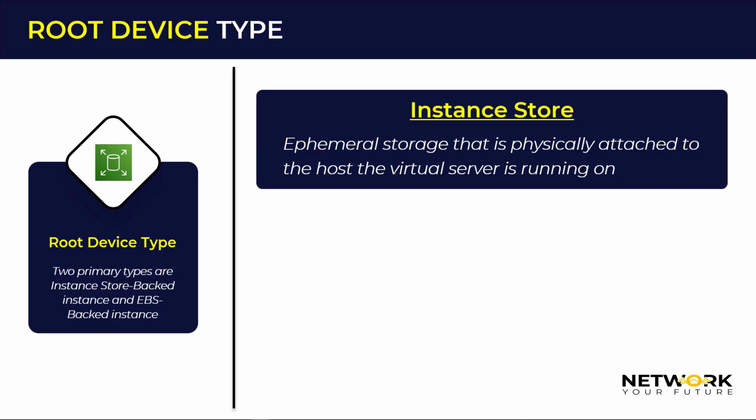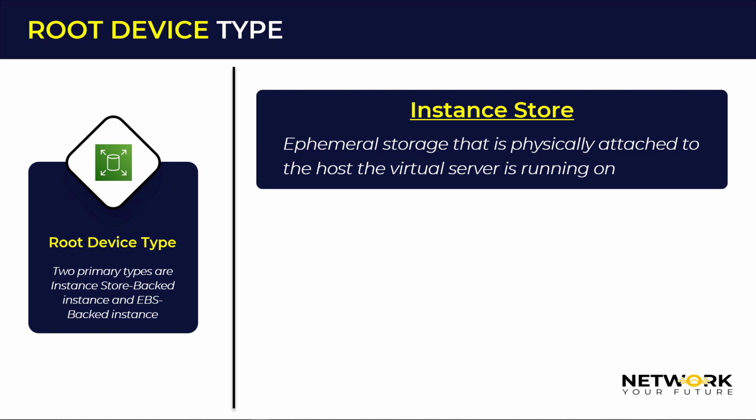EC2 instances can be launched using either instance store volumes or elastic block store as the root volume. An instance store is ephemeral storage that provides temporary block level storage for your instance. Instance store is ideal for temporary storage like buffers, cache, and other temporary content.